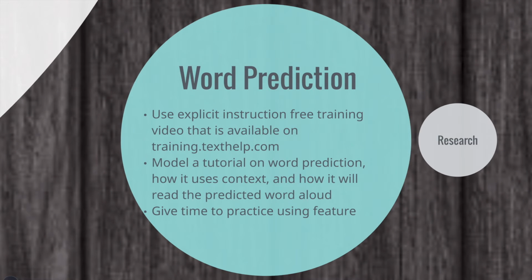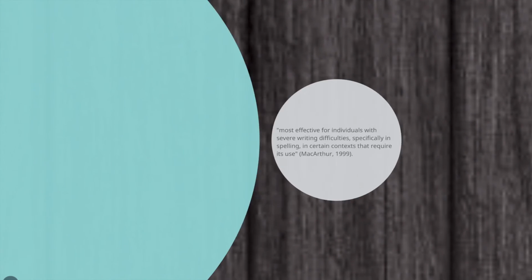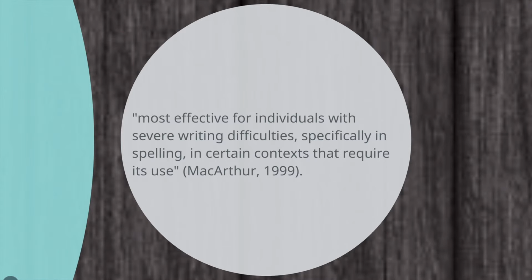Week 4, word prediction will be our final training module, where the goal is for Milo to understand how to use this tool for his schoolwork and homework assignments. The research has shown that this tool is most effective for individuals with severe writing difficulties, specifically in spelling, in certain contexts that require its use.